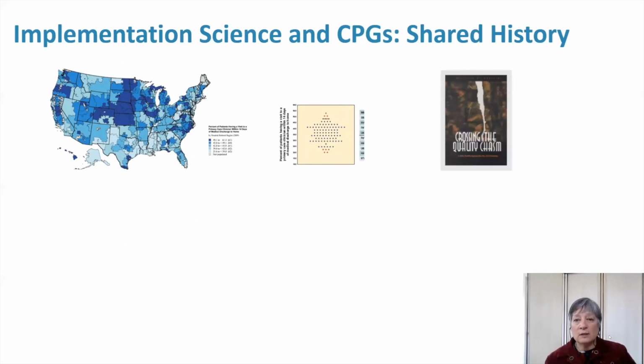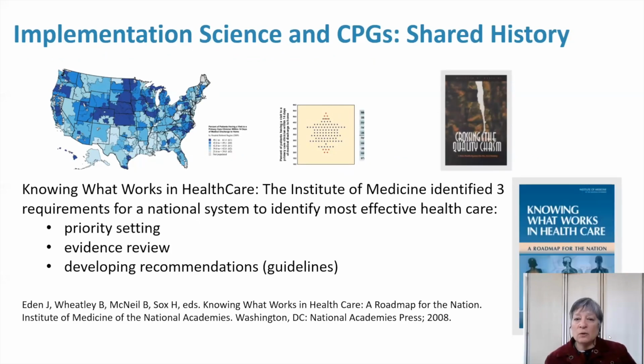I wanted to just focus on one of those reports, which is of particular relevance to clinical practice guidelines, and that is knowing what works in healthcare. In that roadmap for the nation report, the Institute of Medicine identified 3 requirements for a national health system to identify most effective healthcare, and those were priority setting, evidence review, and developing recommendations or guidelines.